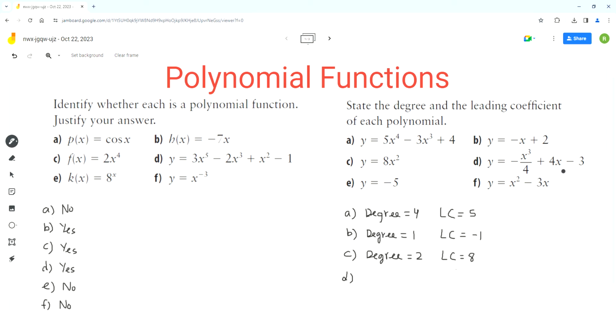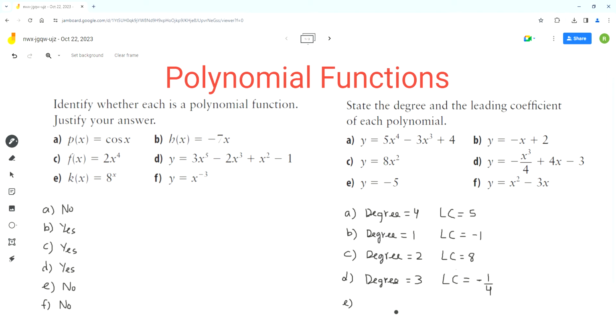The highest power on the variable is 3, so the degree of this polynomial function is 3. The leading coefficient is the coefficient of the term in which the variable has the highest power, and in this case the leading coefficient is negative 1 over 4. There is this invisible 1 with x, but we don't write 1 as a coefficient. So that's why the leading coefficient is negative 1 over 4.